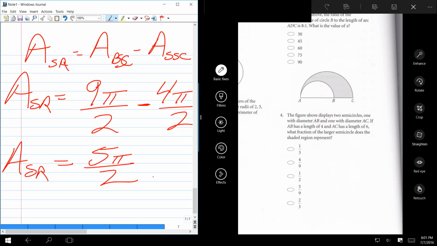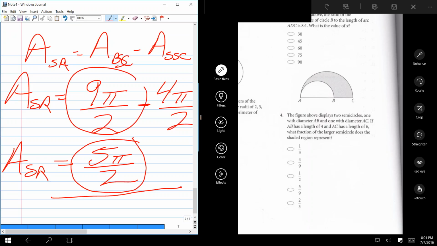Now, that's not what they're asking. They're asking what fraction of the larger semicircle does the shaded region represent? Well, there's the area of the shaded region, and to figure out what fraction, we need to divide that by the area of the large semicircle, which was 9 pi divided by 2.